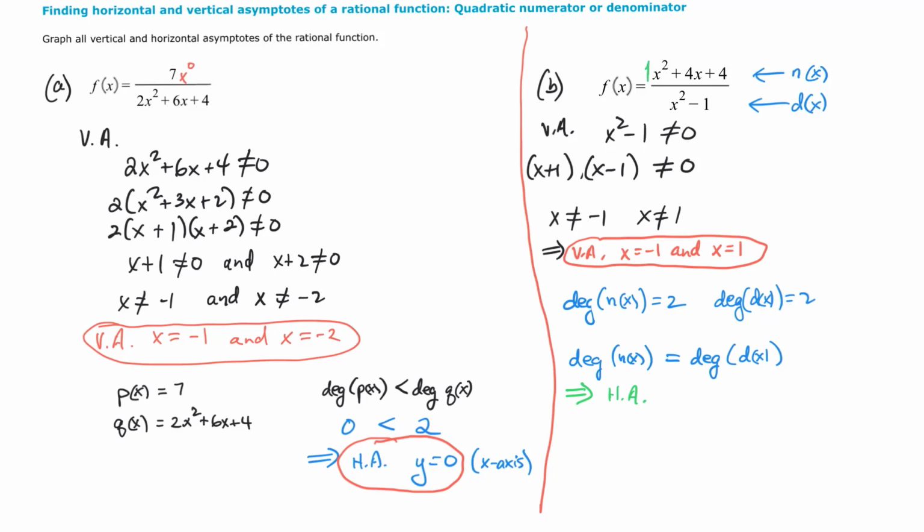There's an invisible 1 here and an invisible 1 here. So the horizontal asymptote is really going to be y is equal to that invisible 1 over another invisible 1. And of course, 1 over 1 is simply 1. So our horizontal asymptote is simply y equals 1. We could circle that. And there you go. We got vertical asymptotes and horizontal asymptotes for both examples.